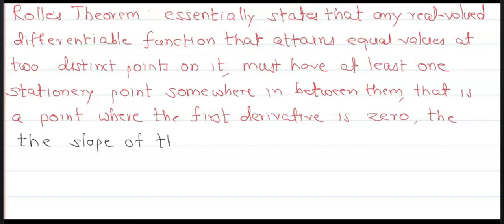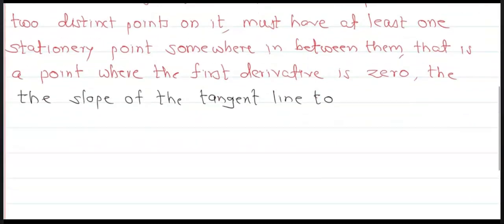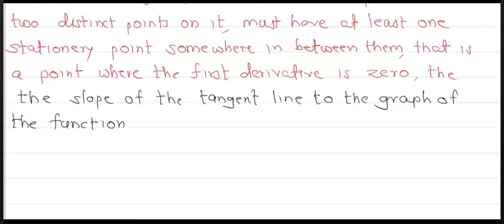That is, the slope of the tangent line to the graph of the function is 0. And when the slope of any line is 0, it is parallel to the x-axis.